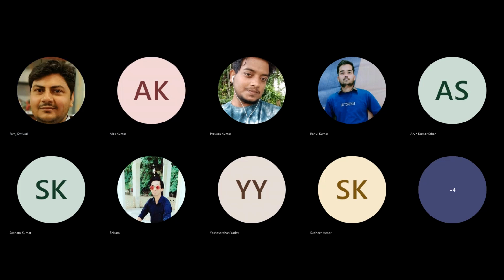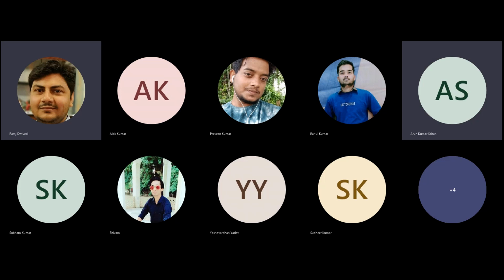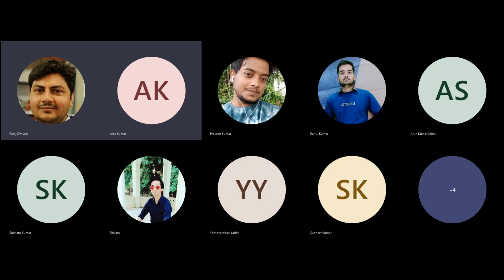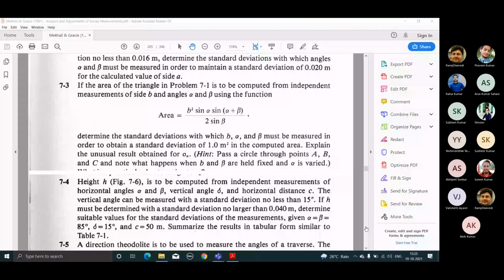Yes, sir, it's visible. Can you read it? Because I'm not able to see it. Sir, in this question, the area function is given. So then it says determine the standard deviation with b, alpha and beta.